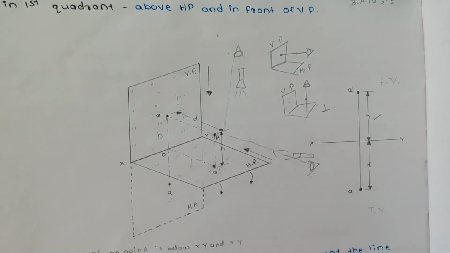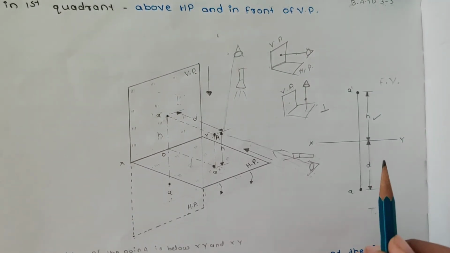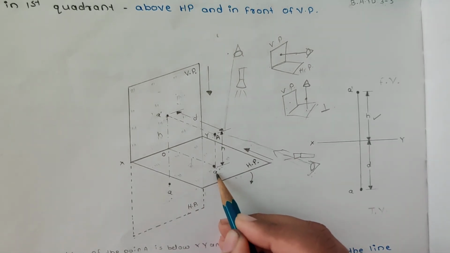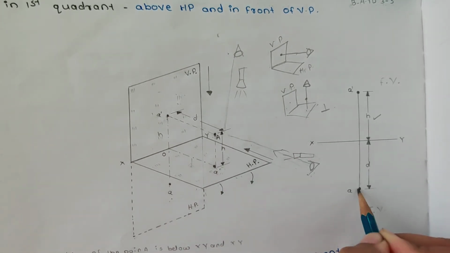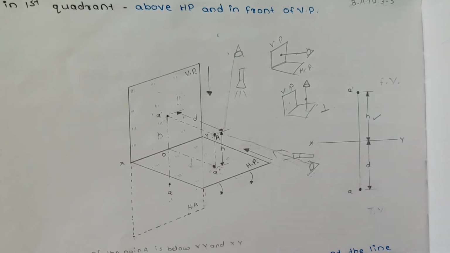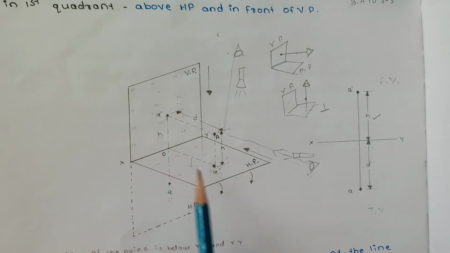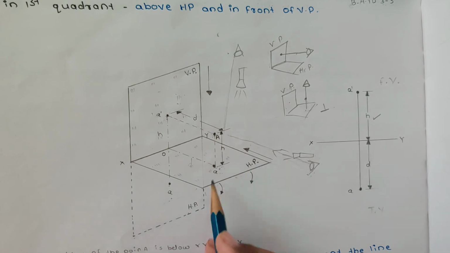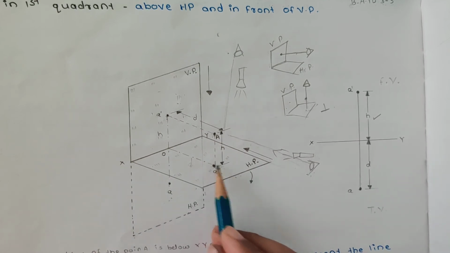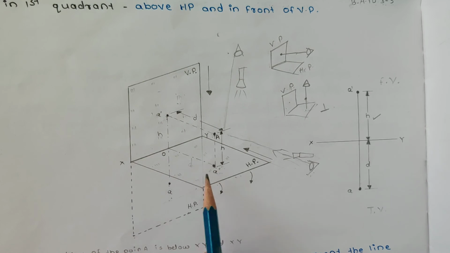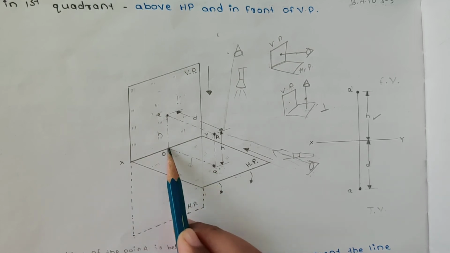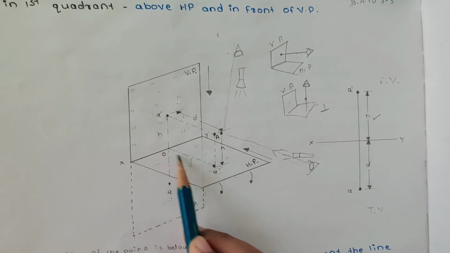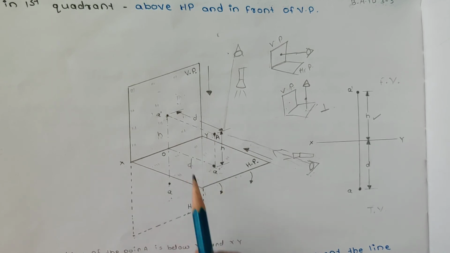Then step 4, mark the TV, that is the top view, small a, on the projector at a distance D below the XY line. This particular a, the shadow of this point on the HP, that is small a, the top view, is located from the XY line at D distance.